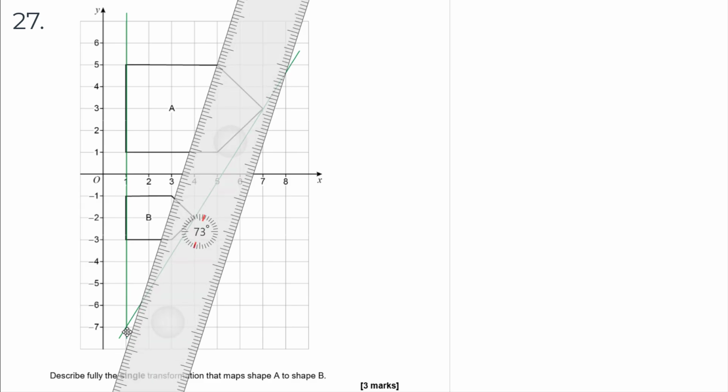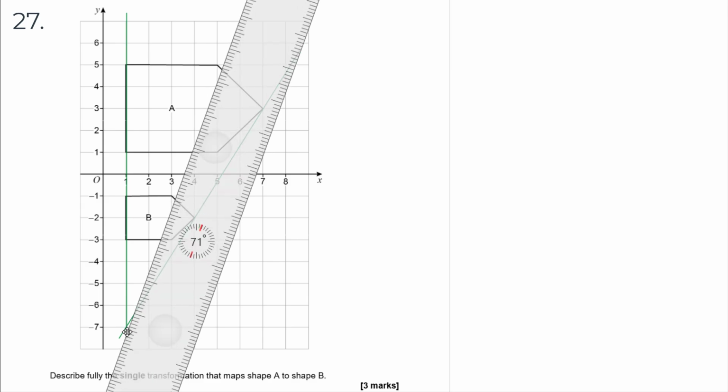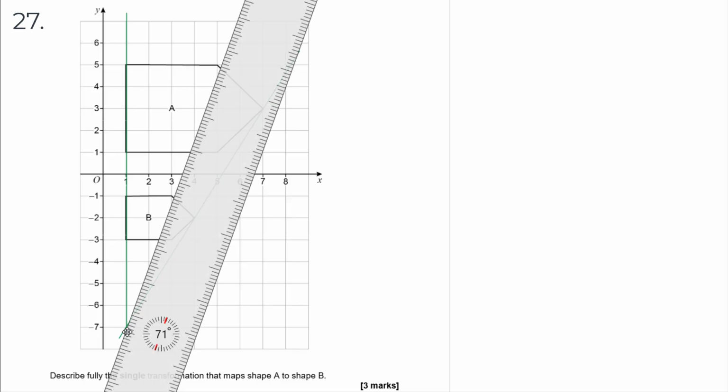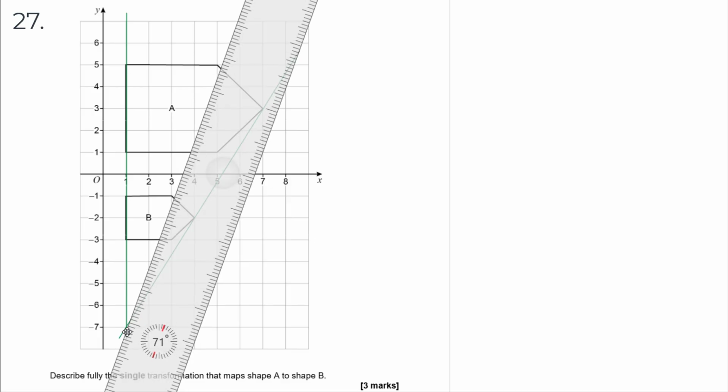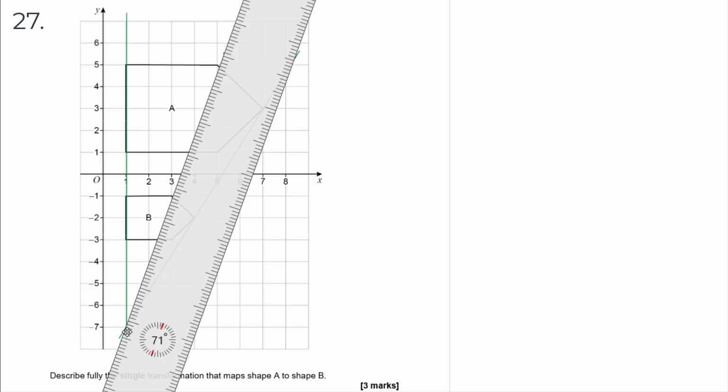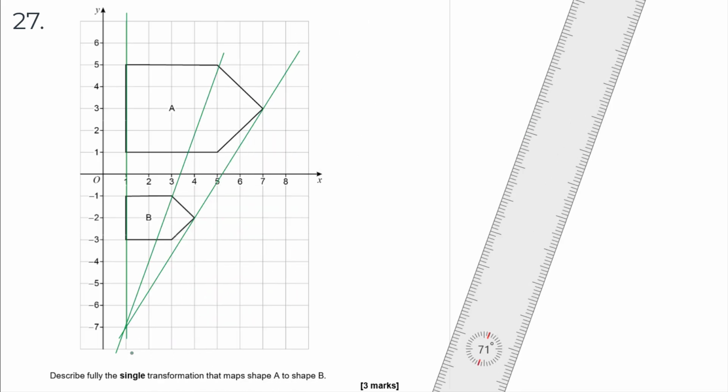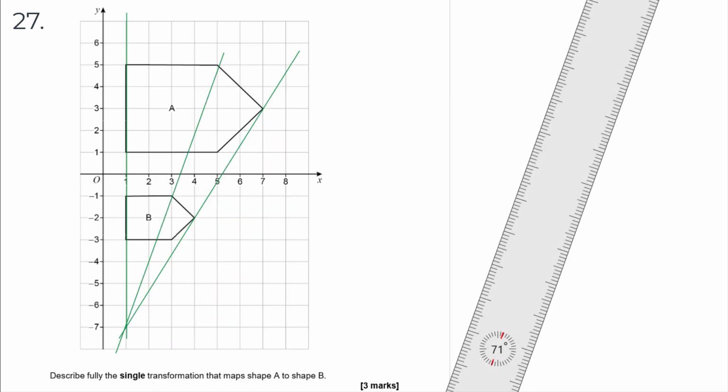So by joining up these matching points on object and image, I will be finding the center of enlargement. Okay, so a slight problem with my pen lining up there, but hopefully you can see that the center of enlargement is this point here, isn't it? So this is my center of enlargement.